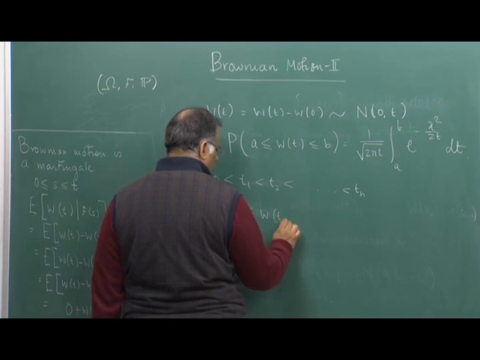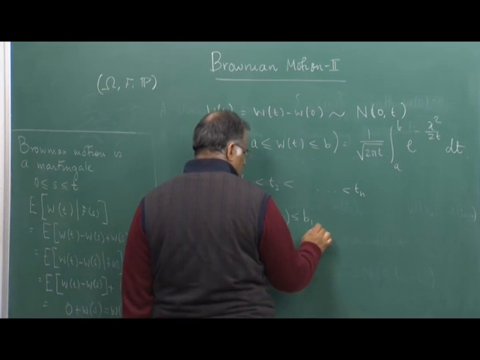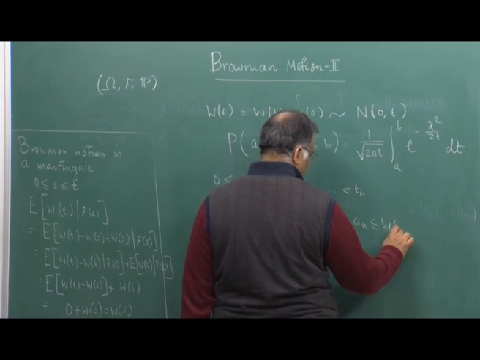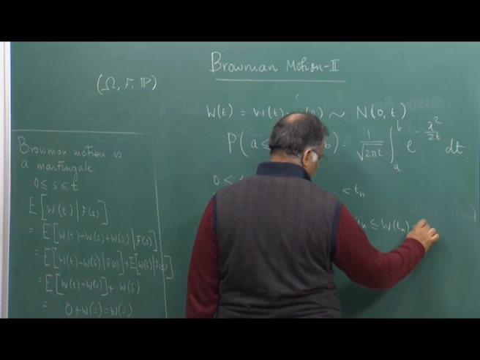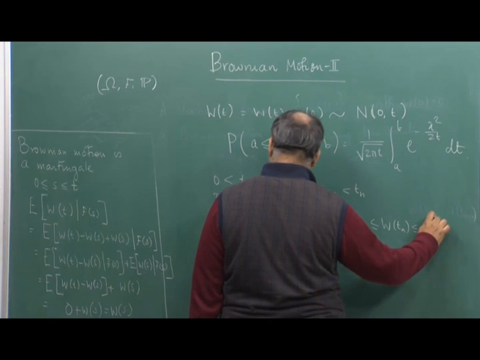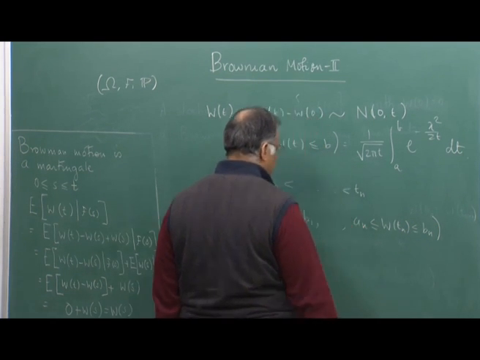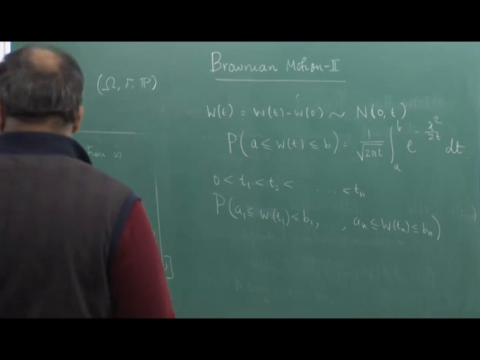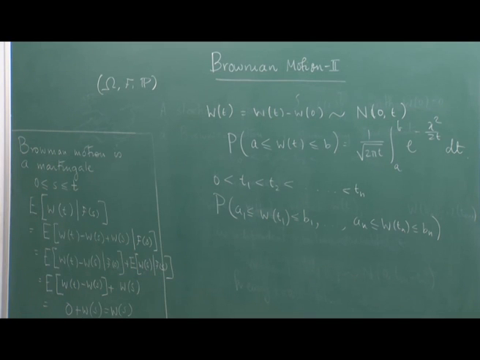Say Wt1, how do I do it? Let me look at the very first case. This is how you compute what are called the transition probability densities.